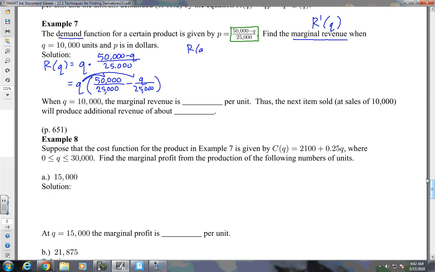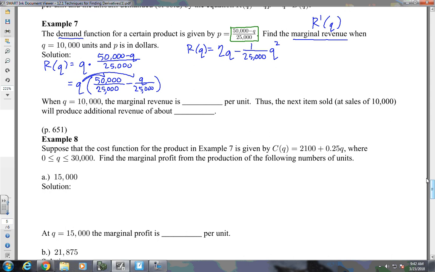So R of Q, 50,000 divided by 25,000 is 2. Multiply that by Q to get term 2Q. And then we have Q times negative Q over 25,000. Let's write this as minus 1 over 25,000 times Q squared, so that it will be easy to differentiate.